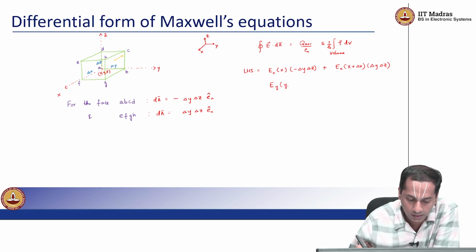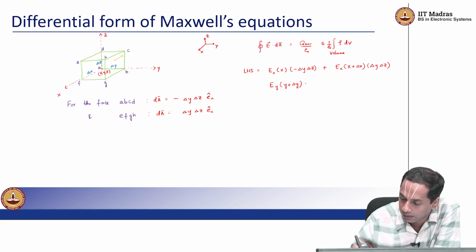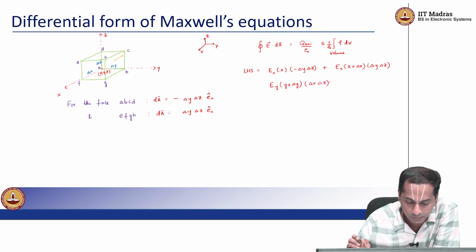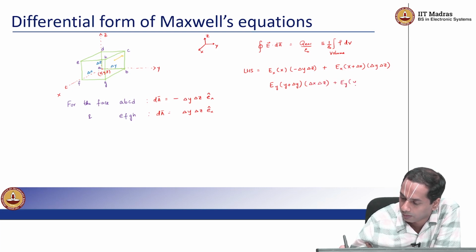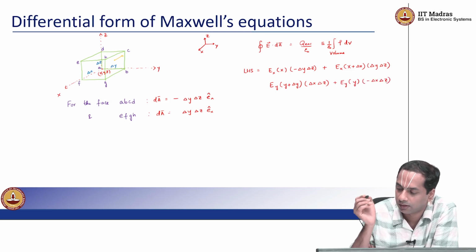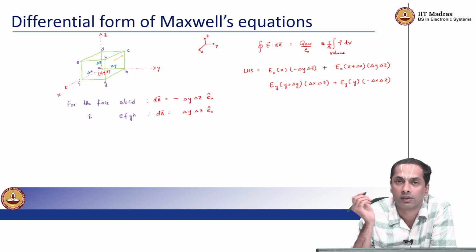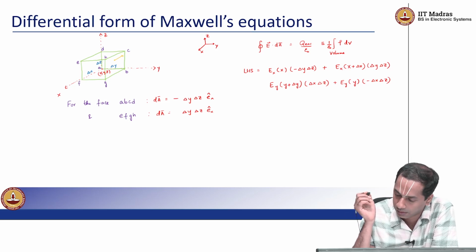For BCHG, I basically have Ey at y plus delta y, and since the electric field is in the direction of dA, this would be plus, times delta x delta z, and minus Ey at y times delta x delta z, because the signs of dA and E are opposite.